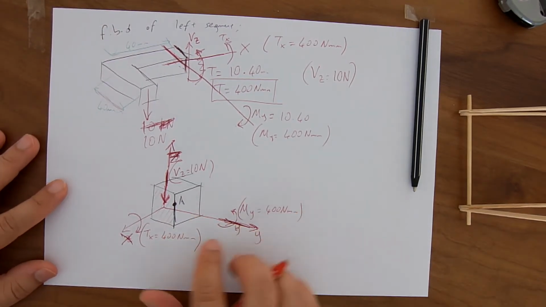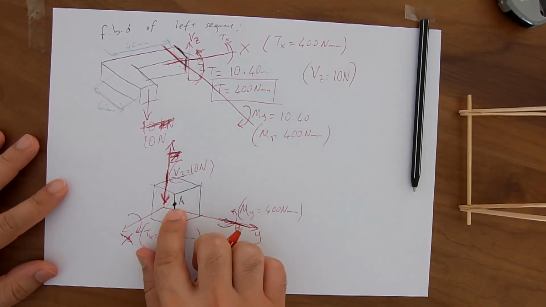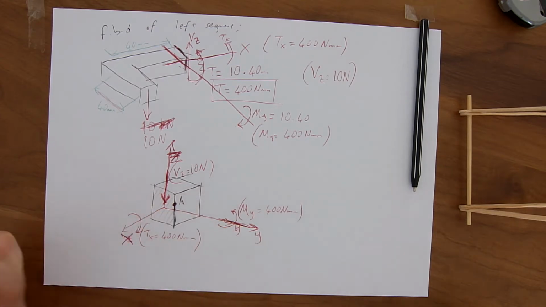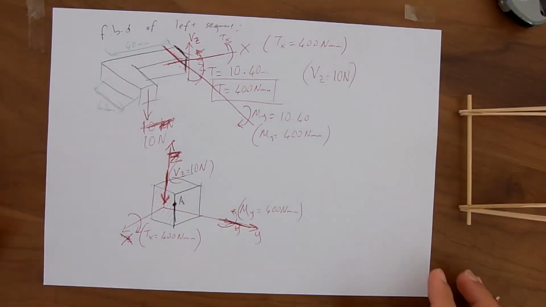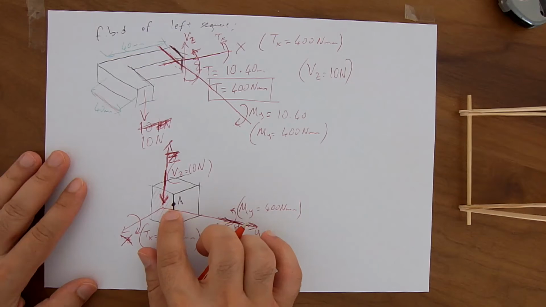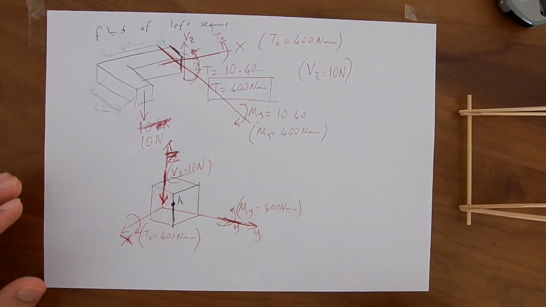Now we have determined all the internal loadings on the cross section where the point A is. Okay, what we are going to do next is to determine the stresses that act on this point.